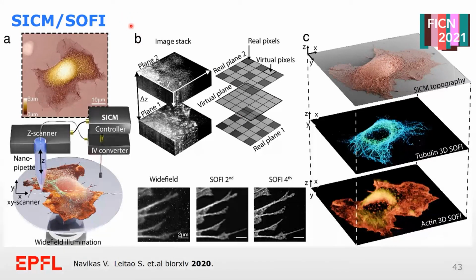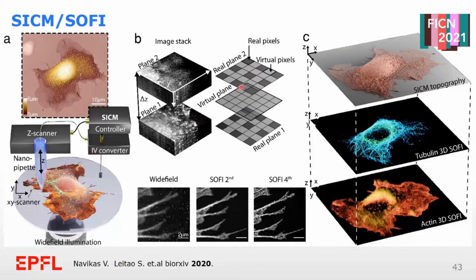the super resolution SOFI imaging, which basically exploits the blinking dye. Unlike localization microscopy, in stochastic optical fluctuation intensity microscopy, we use information between neighboring pixels, and we look at the correlations of these fluctuations.